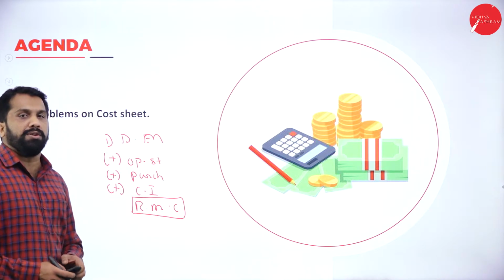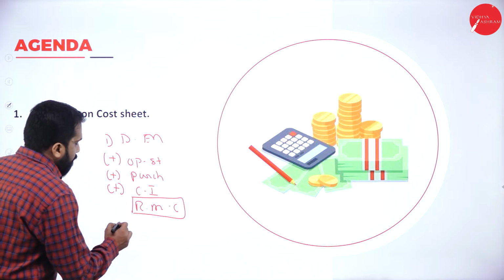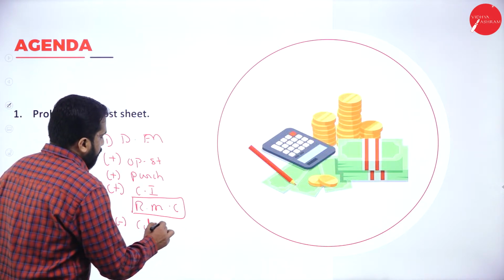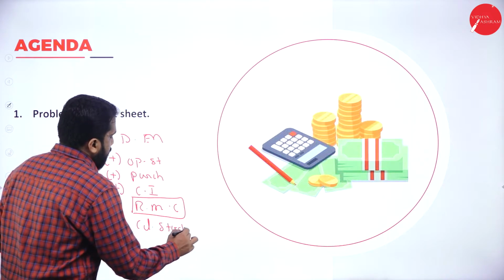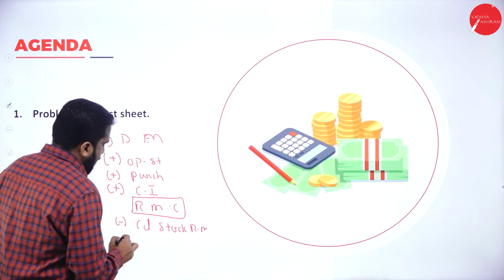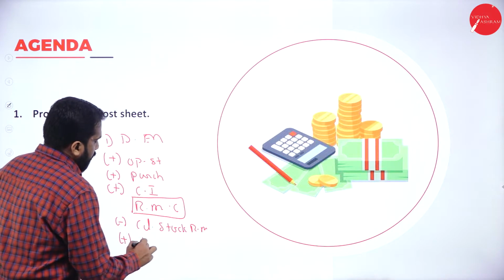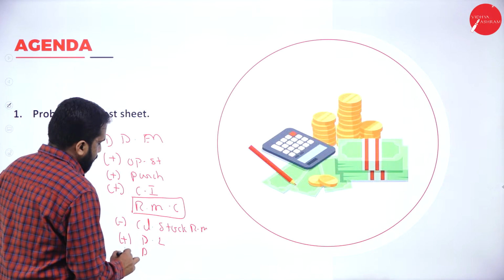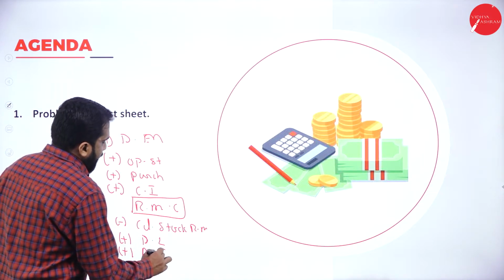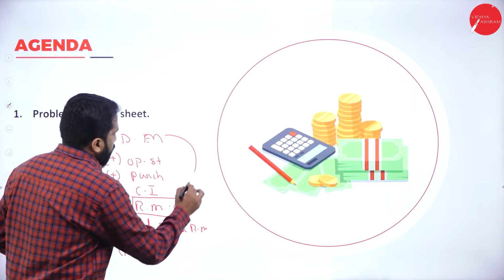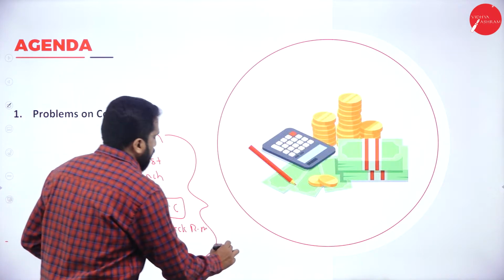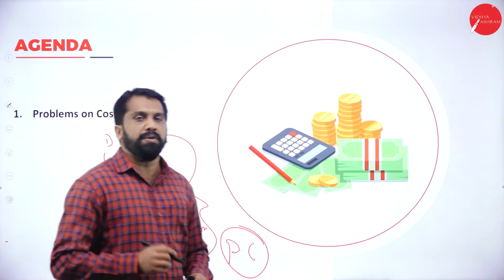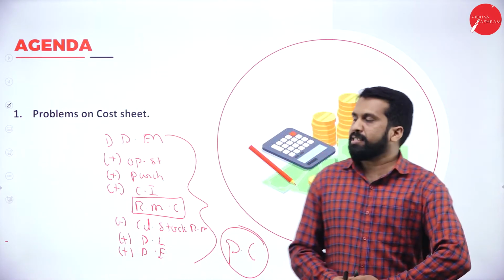For this, what will you add? First you have to deduct closing stock of raw material, add direct labor, add direct expenses. If you do this much, you will get prime cost. Hope you understood, very simple.